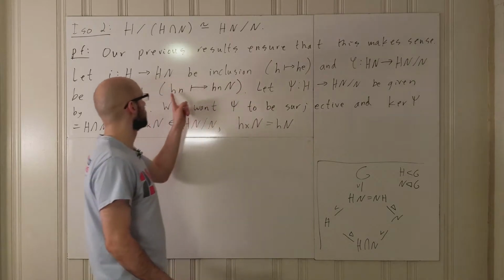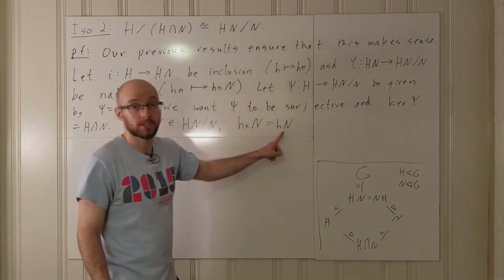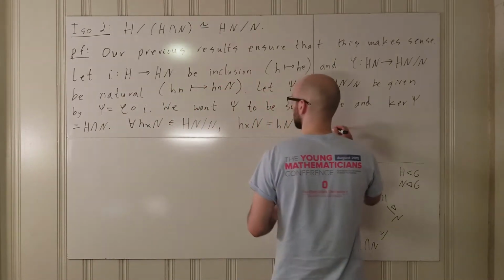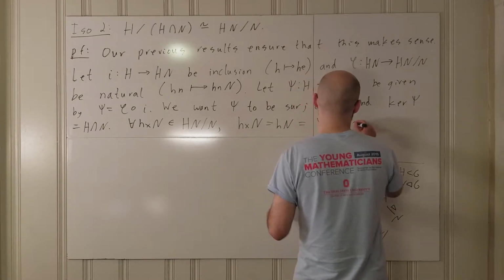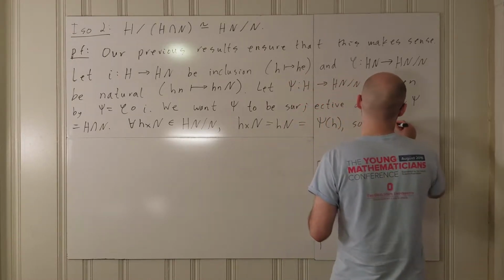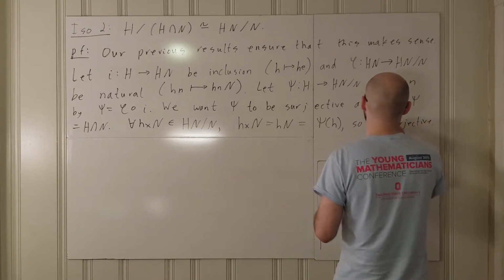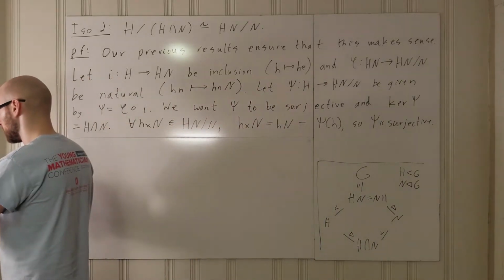And then that's going to go to h times e times N, which is just hN, which is exactly this. And so this is equal to psi of h. So psi is surjective.